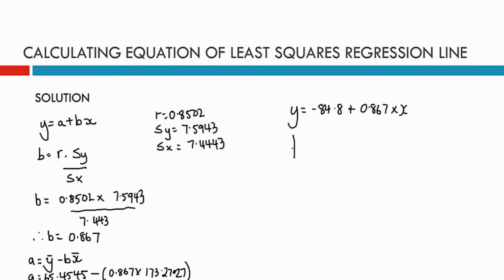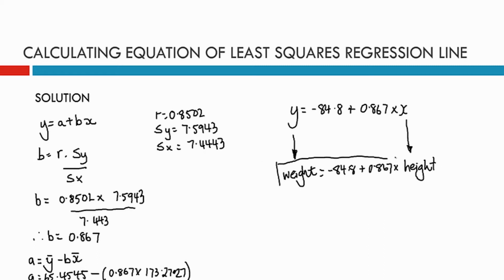Now do not keep it as y and x, because what they gave us was x was heights and y was weights. So we must change our rule to say weights equals negative 84.8 plus 0.867 times the height. If we don't do that, we will get marked incorrectly.